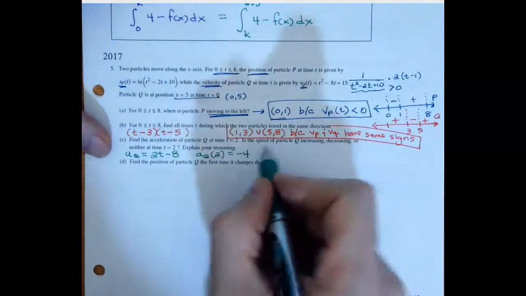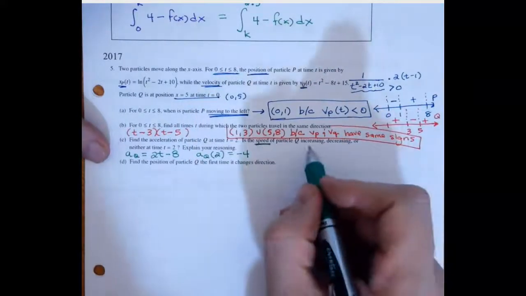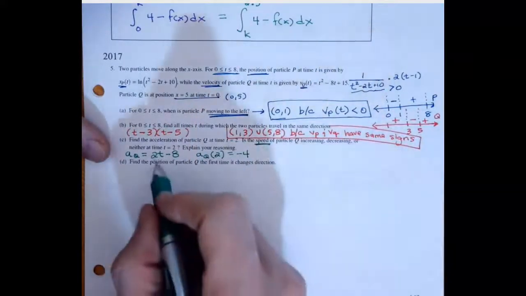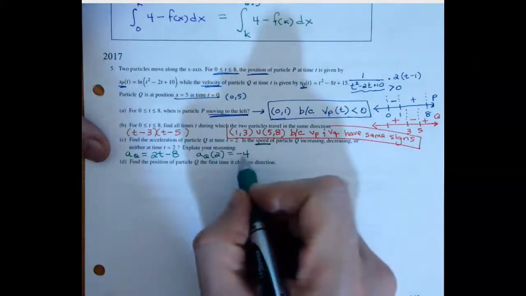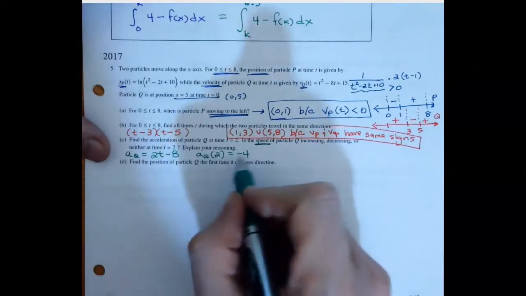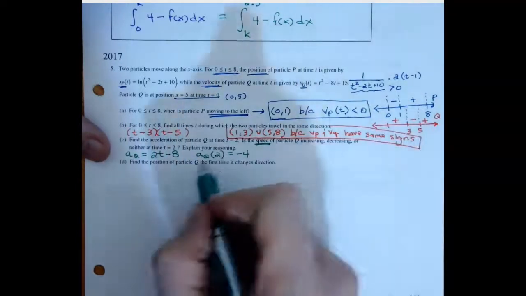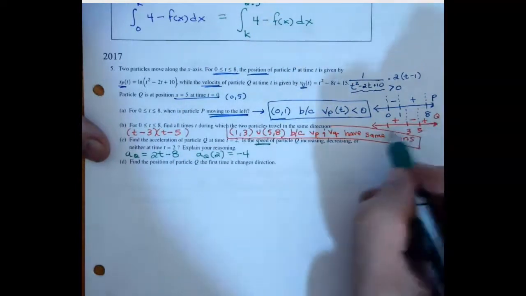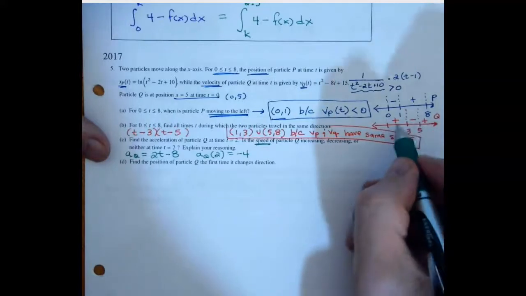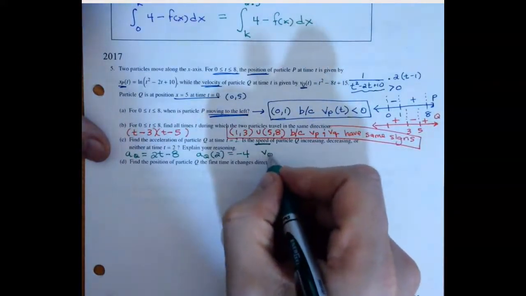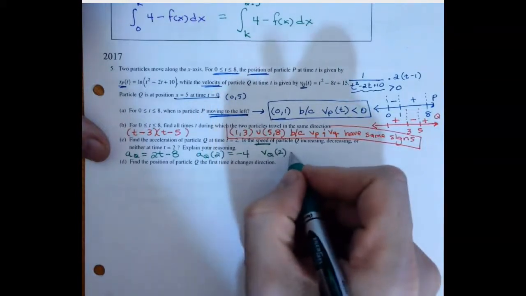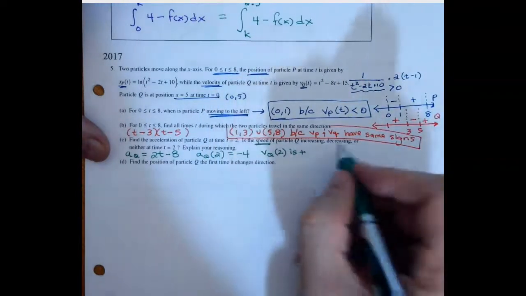It says, is the speed of the particle increasing, decreasing, or neither at time equals 2? Explain your reasoning. Here we have the acceleration of Q is -4 at 2, and the velocity, that's the red right here, at 2 is positive. So V of Q at 2 is positive.